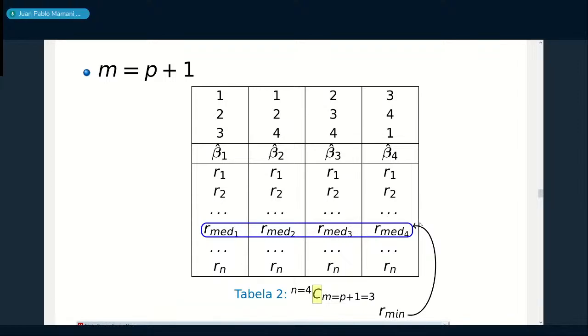In the same way for all the groups, we take all the data and calculate the median in each group to finally get the minimum median, and we graph.